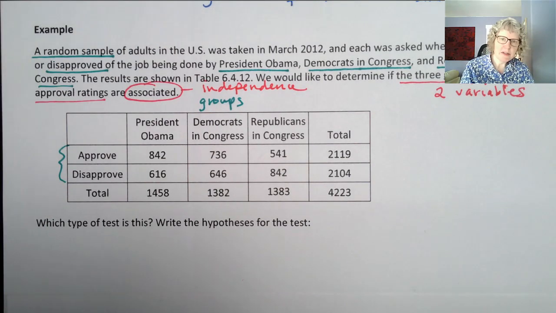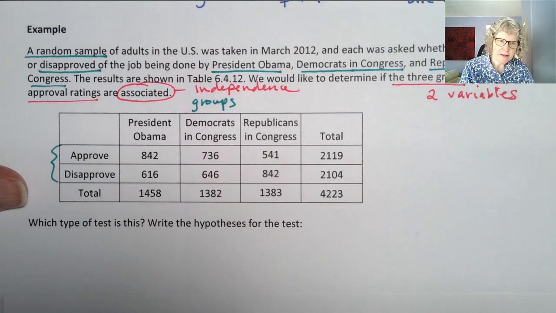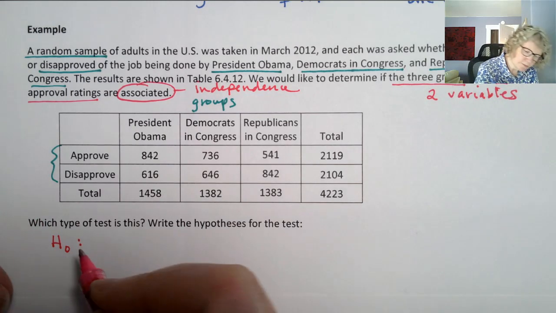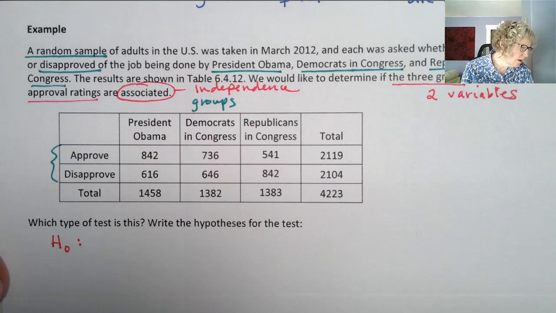Okay, what type of test is this? So I wrote up here independence. We'll put it in the hypotheses as well. Write the hypotheses for this test. So for H naught, remember going back up to the very top, the null is always independent, no association, or the same distribution. So we're going to say they're independent, there's no association.